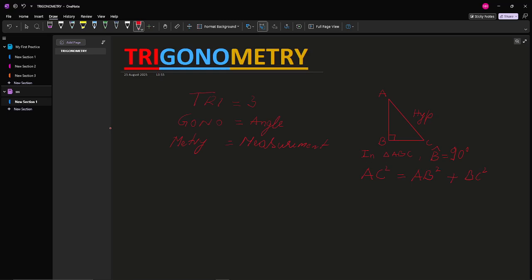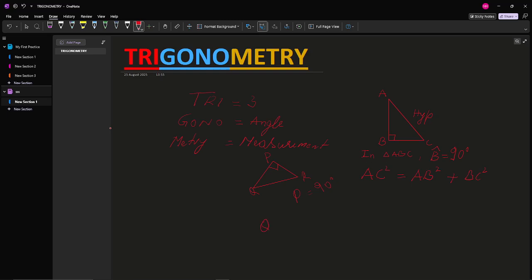Now, for example, if I have a triangle PQR, and I take angle P equal to 90 degrees, that means in triangle PQR, angle P is equal to 90 degrees. Then the Pythagoras theorem says the opposite of 90 degrees is the hypotenuse.